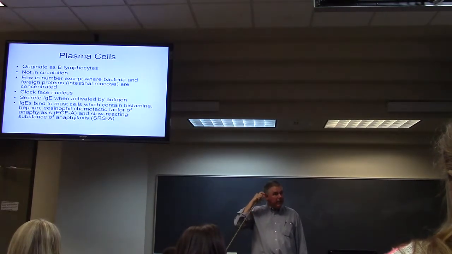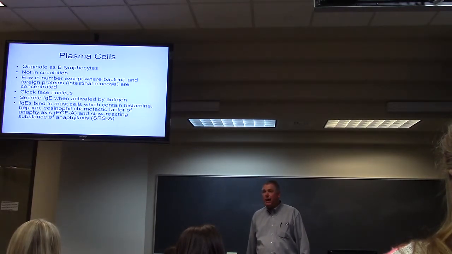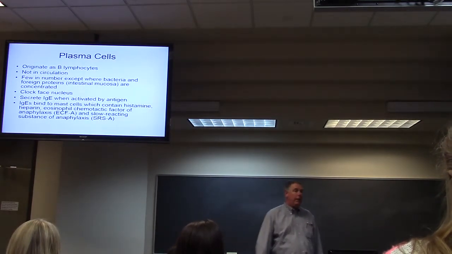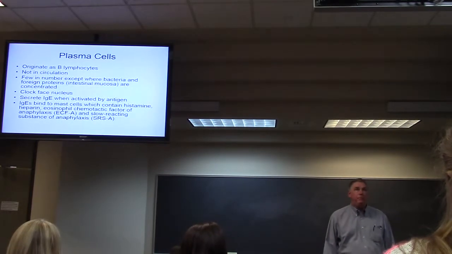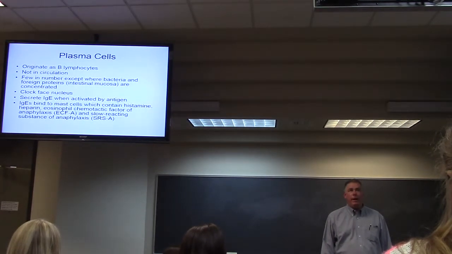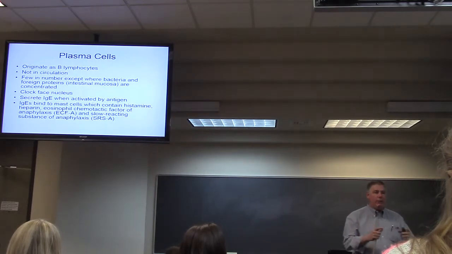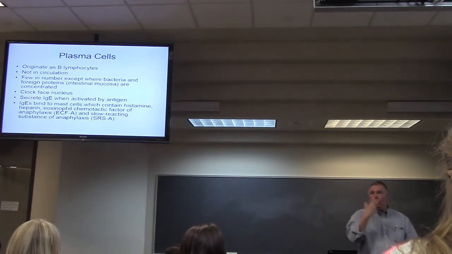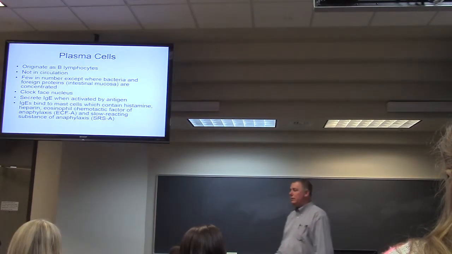Plasma cells, I said that plasma cells are activated B lymphocytes. You'll find them, they're not in circulation, they are in the connective tissues. They are in places where you have exposure to the outside world, like in the GI tract around your anus, around your oral cavity, around your nasal cavity, in the connective tissues in those spaces.